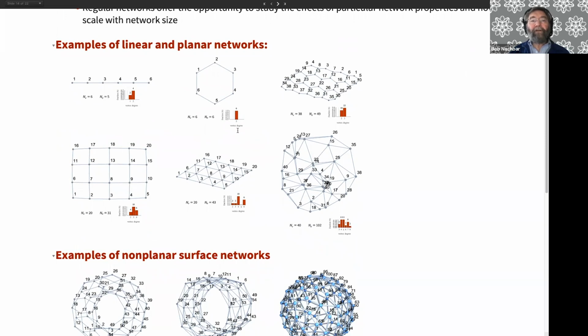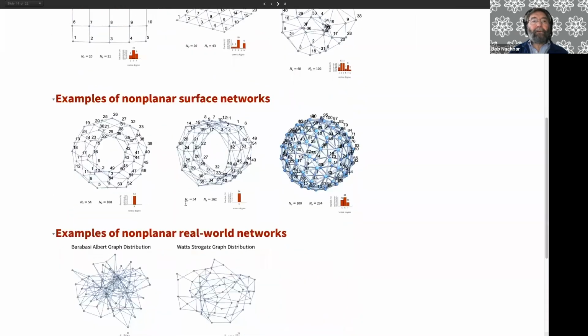You can see that the vertex degree histograms of these vary. The cyclic one, all the nodes are the same, okay? And here we've got mostly degree 4 nodes. We've got some degree 3 and a few degree 2 and so on.